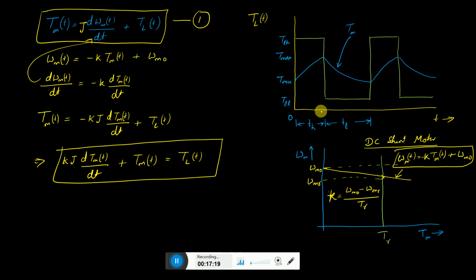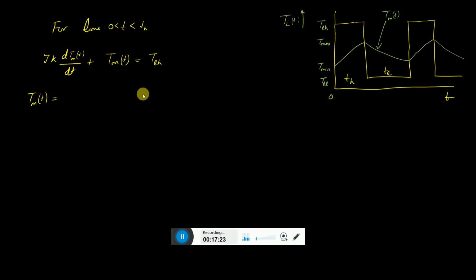Let me just keep this picture over there also. So here we have the same picture over here. So Tm(t) will be T minimum times e to the power minus t by tau, plus the final value it is supposed to achieve, TLH, times 1 minus e to the power minus t by tau.